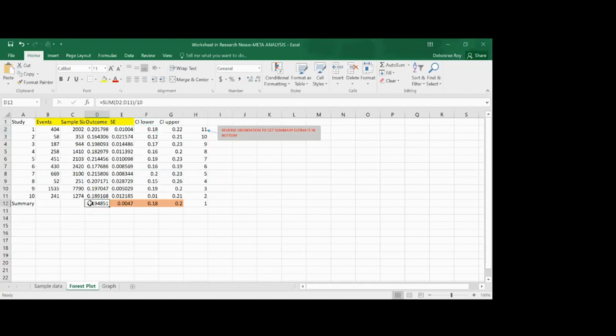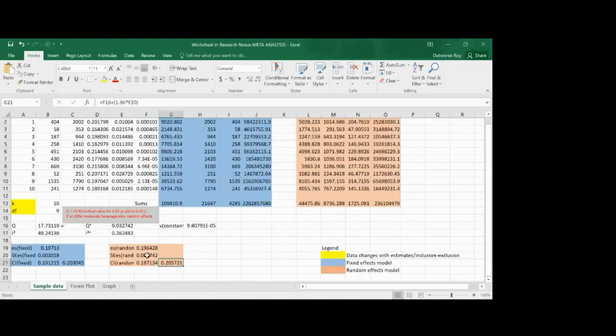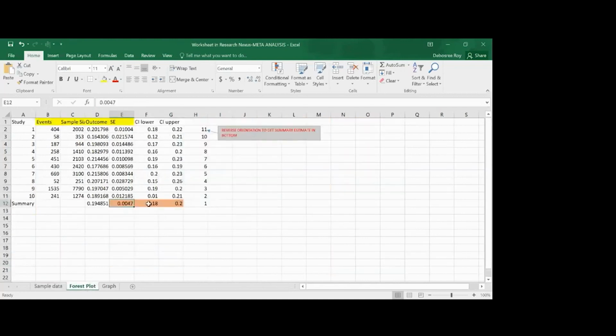And then you put the outcome, your random effects model estimate here, and here, and then you compute the standard error. You also have the standard error from the previous page. You put the standard error here, and then you put the confidence intervals here.